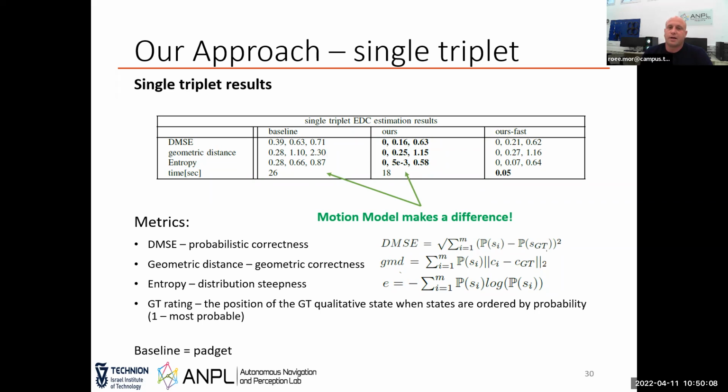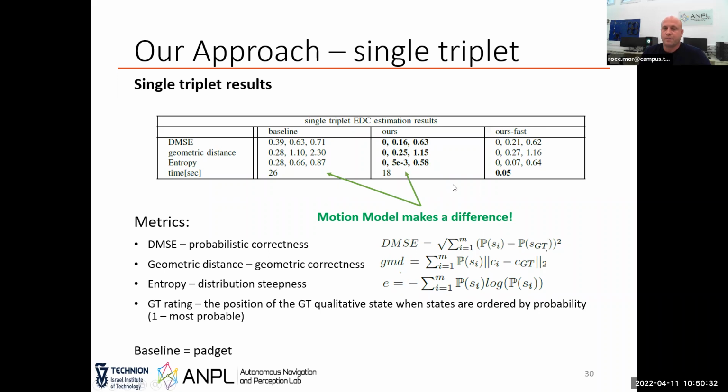The other thing is that we are also faster than the original method, and this is because we can reduce the number of samples rapidly. So our method in general is better both in computation time and performance.